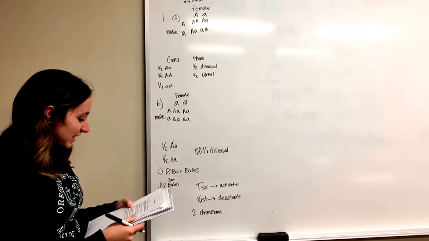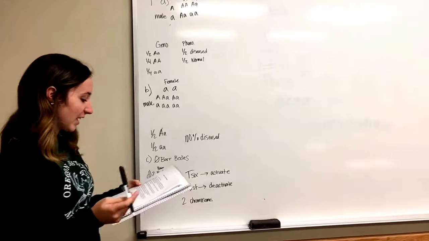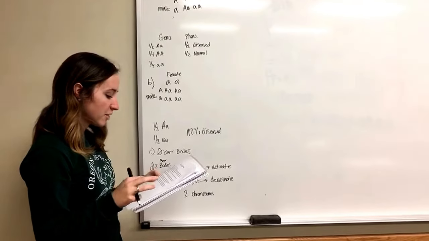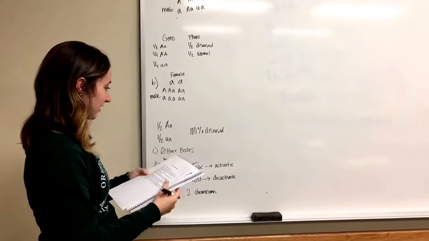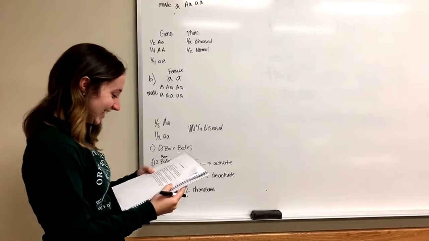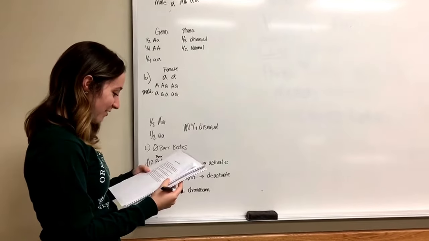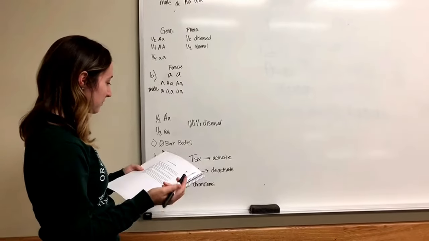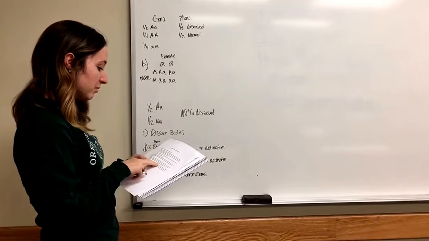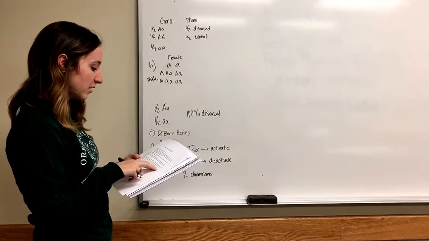So then for C, it says suppose a woman has triple X syndrome, and the XICs have been deleted from 2 of the chromosomes. How many Barr bodies will be found in each of this woman's cells?